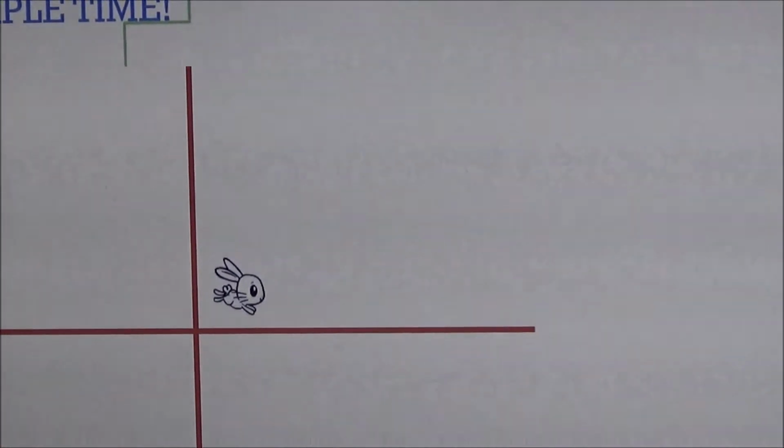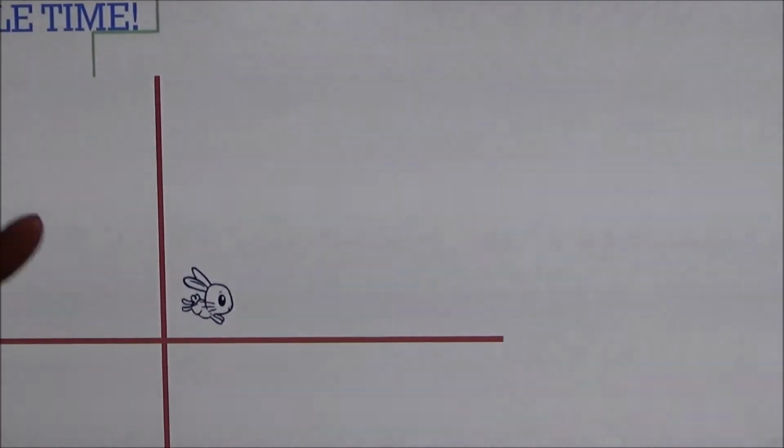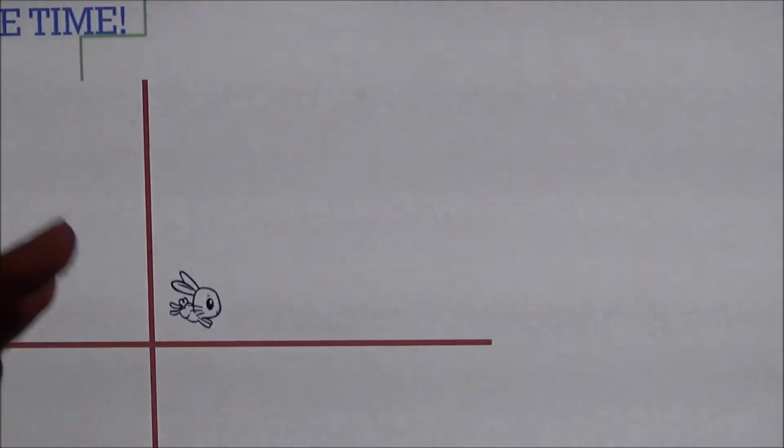To obtain the total displacement, we just need to know from which point the rabbit moved. So to obtain the displacement, we need to know where point A and point B are, so we can calculate how many centimeters the rabbit moved.